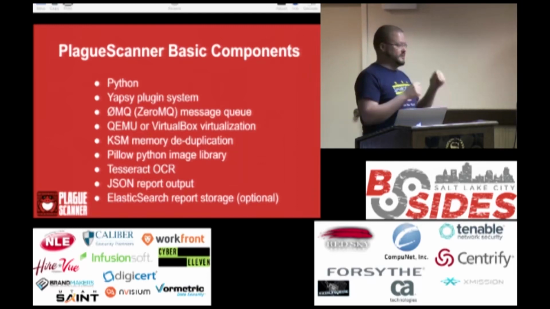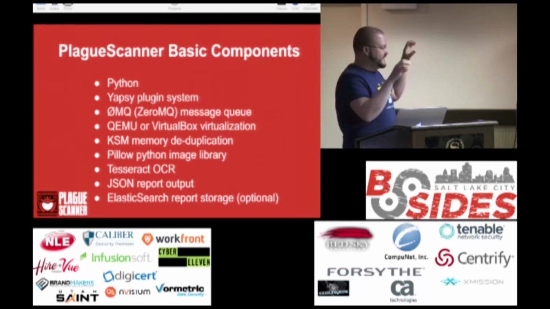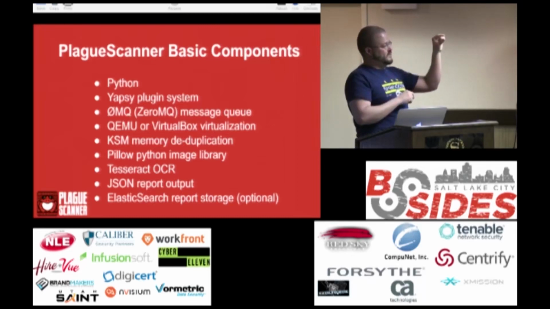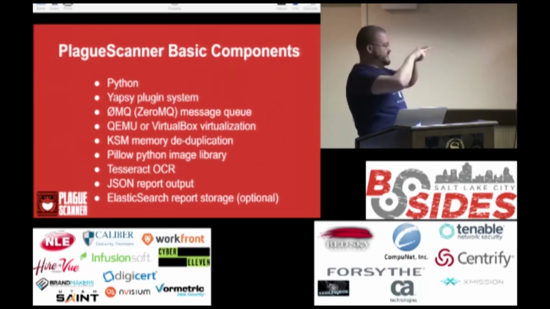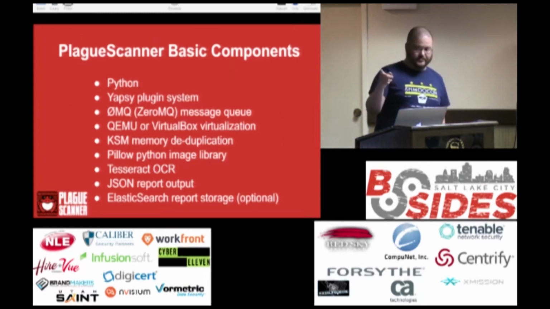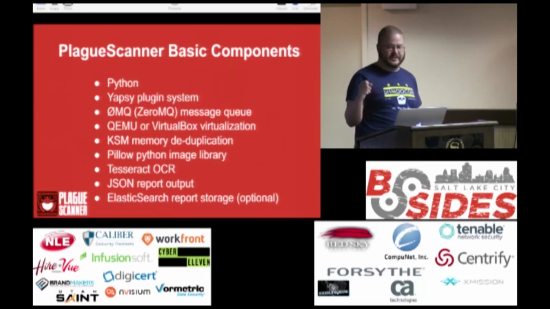Kernel same-page merging works at the host level, so an identical page of memory is shared among all of the VMs that have that page. VirtualBox has a similar technology. I don't remember it off the top of my head, but it's in a further slide.